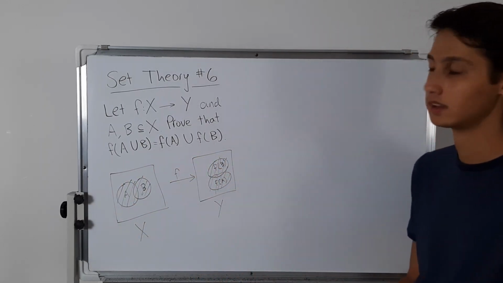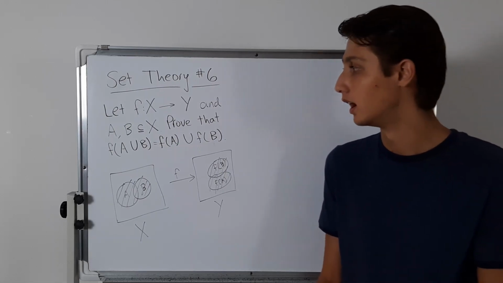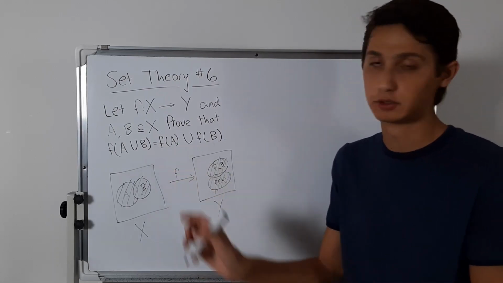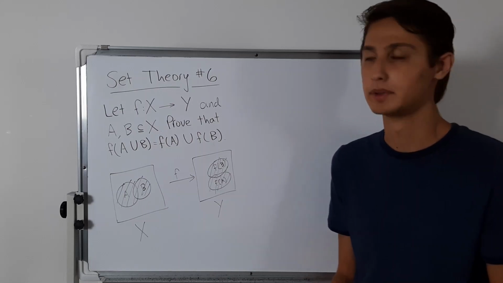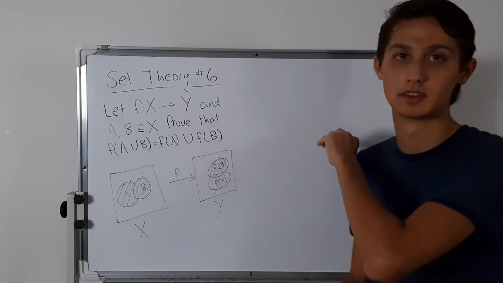So the way we do this is interesting. We're basically showing that two sets are equal, and the way we commonly do that is we show that they're subsets of each other.